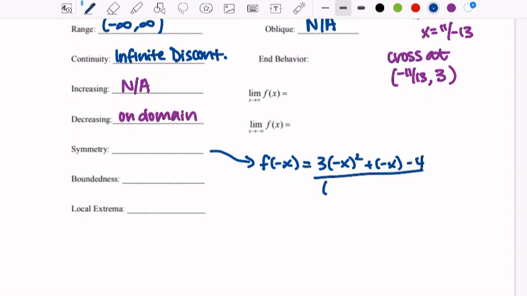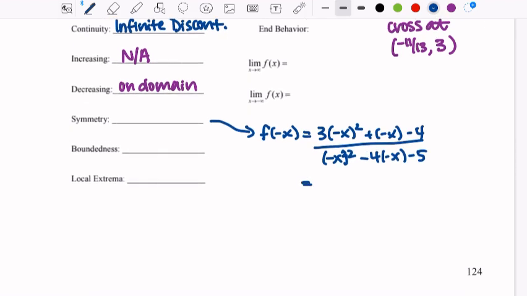And that'll be over (-x) squared minus 4 times negative x minus 5. Okay. The negative x squareds are going to become positive, so that'll leave me with a 3x squared and then a positive x squared. Okay, I'm going to have minus x minus 4 and then plus 4x and then minus 5.